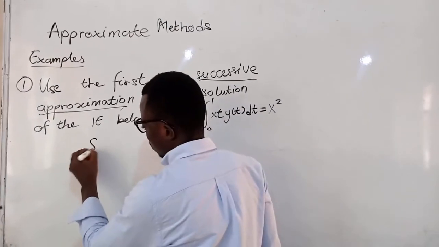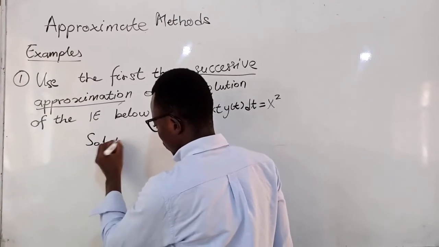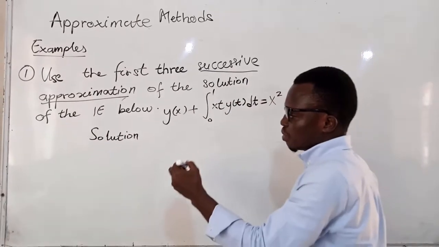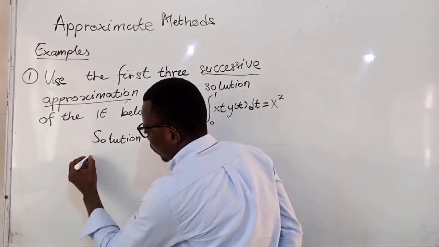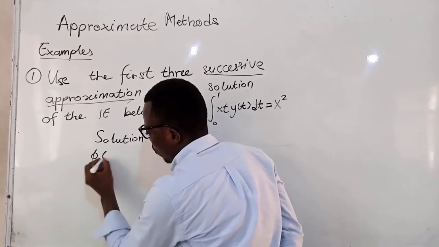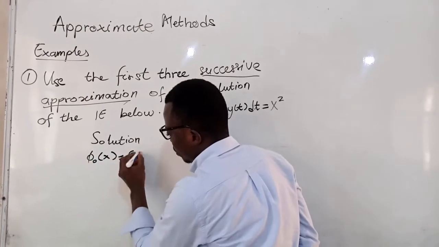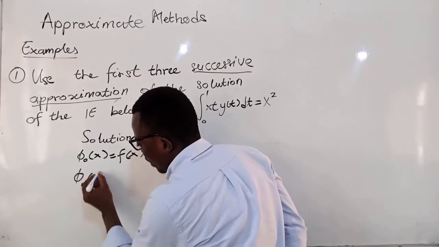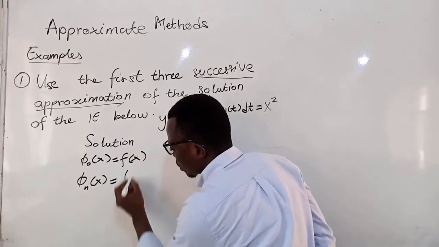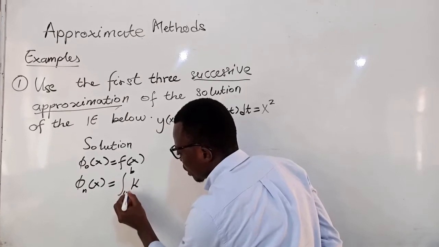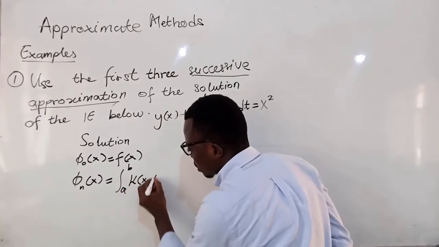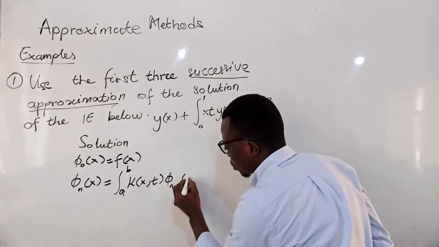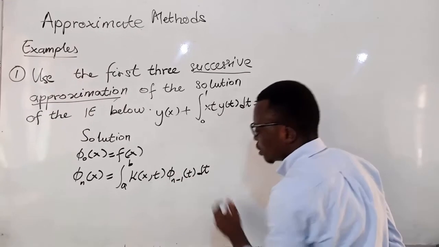So let's start. Solution. Since it is successive approximation, we said our phi naught of s is equal to f of s, and phi n of s is equal to integral from a to b k of st phi n minus 1 of t dt.